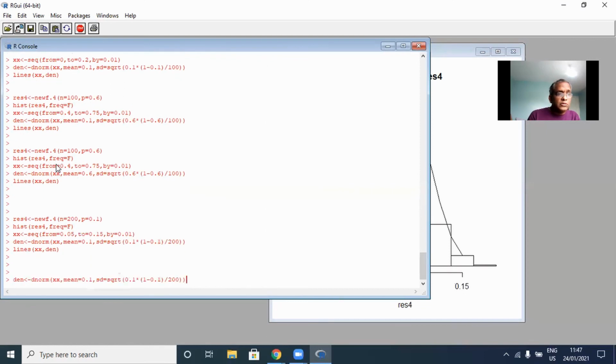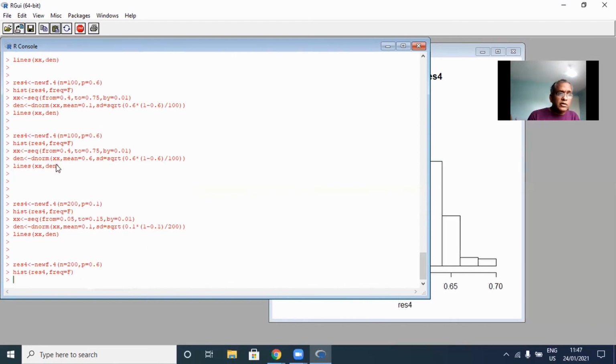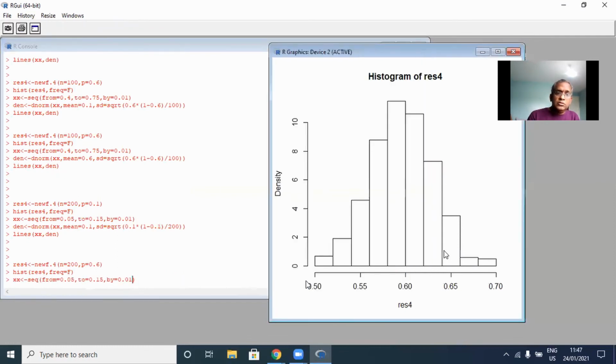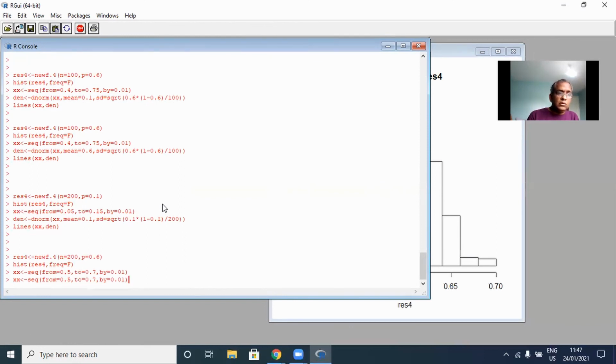And finally, let's choose n to be 200 and p to be 0.6. Draw a histogram and take the x values from 0.5 to 0.7 in steps of 0.01, and compute the density values.